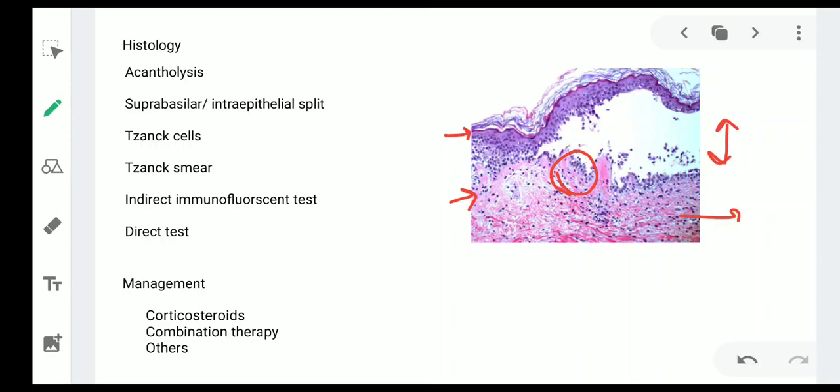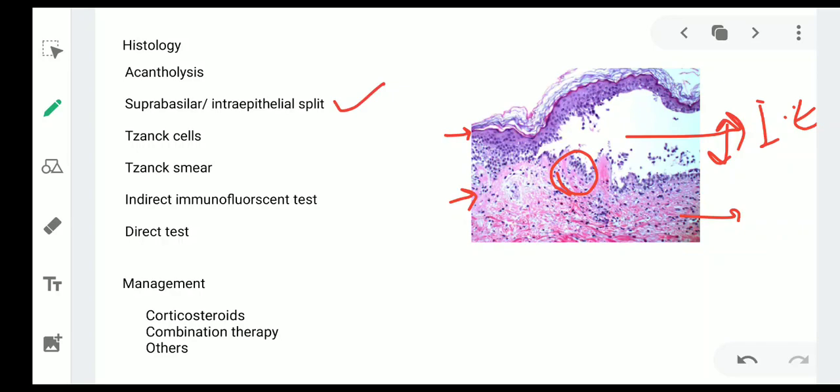That means there is an intraepithelial split, a suprabasilar split.